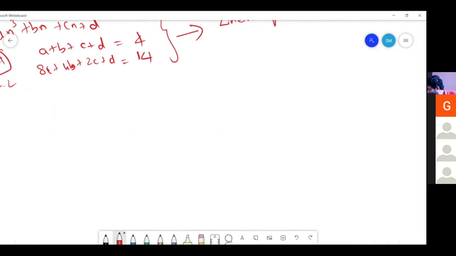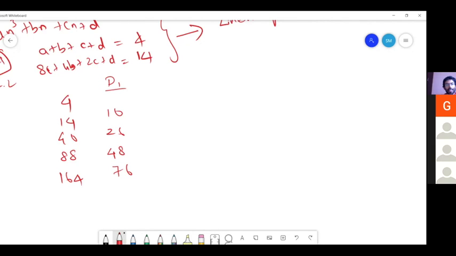So basically, we'll start with that difference table. 4, 14. What's the next number? 40, 88, 164, and 274. 274 is what we predicted. So now Shankar considered the first difference: 10, 26, 48, 76, and the second difference is 16, 22, 28.